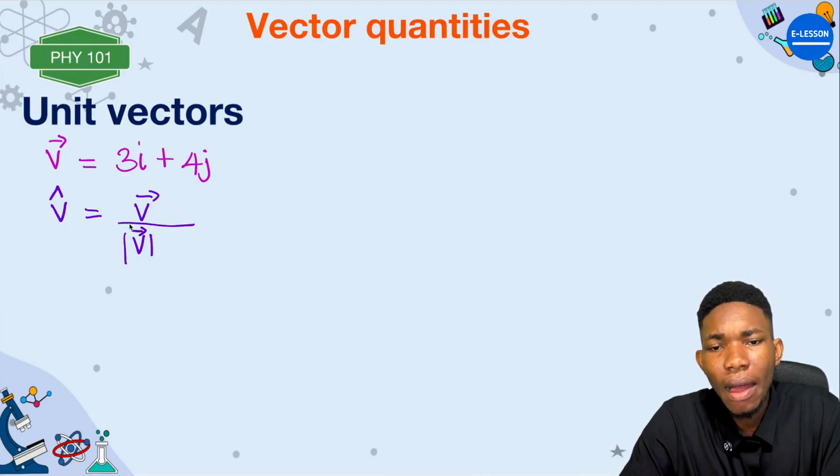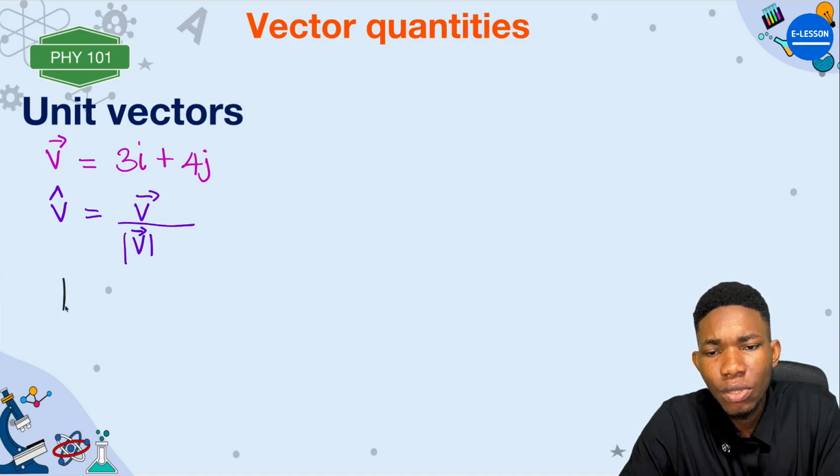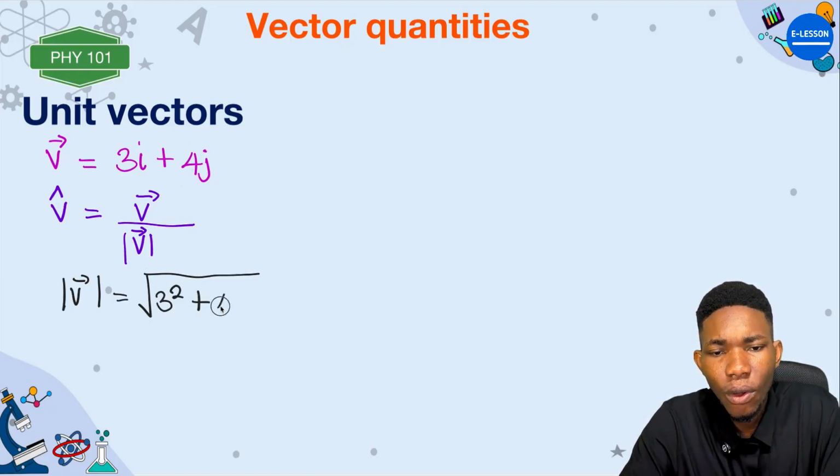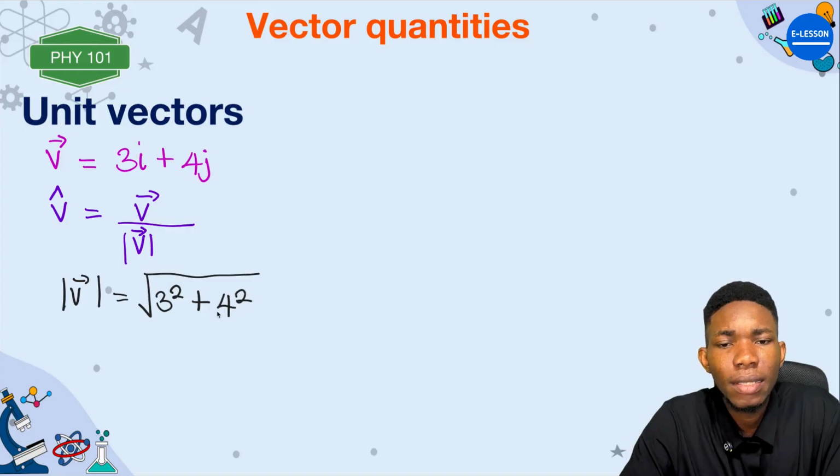To get our magnitude of v, because you already know what this vector v is, the magnitude of v will be the square root of what you have here. The first value is 3, so the square root of 3 squared plus 4 squared. All right?